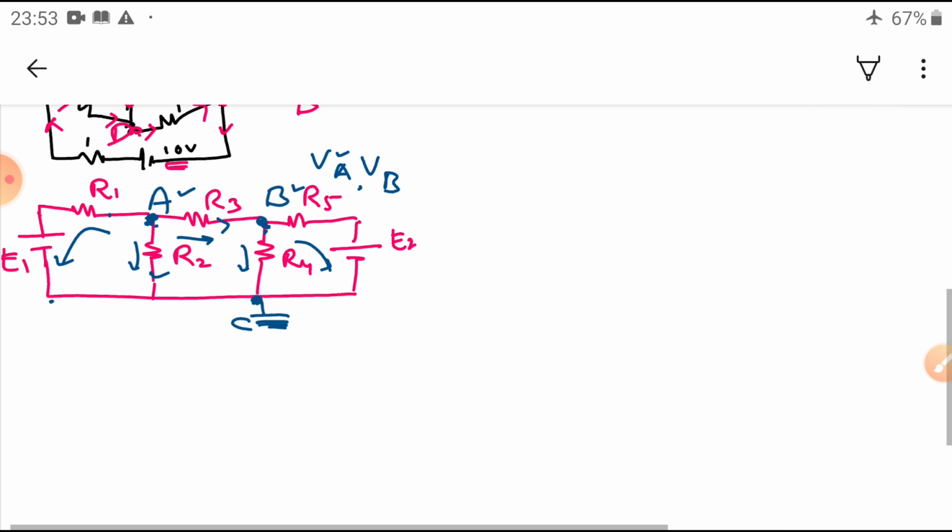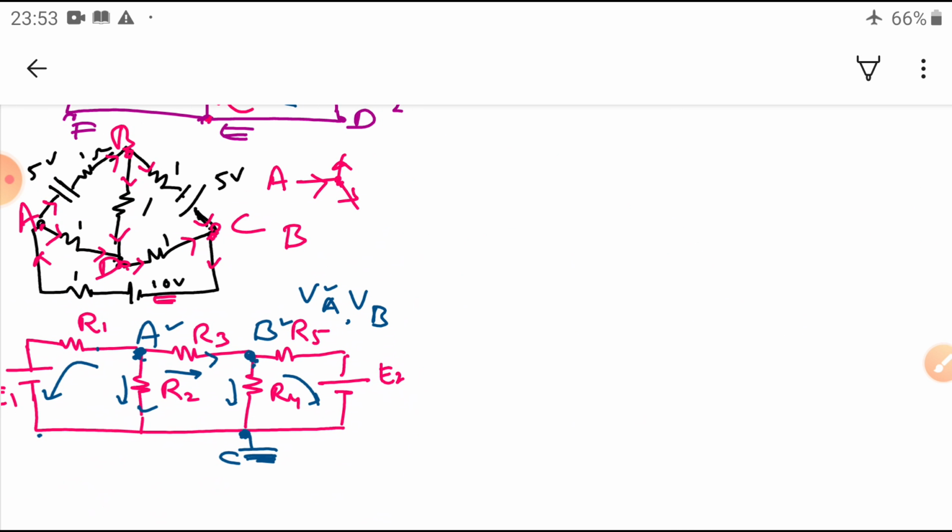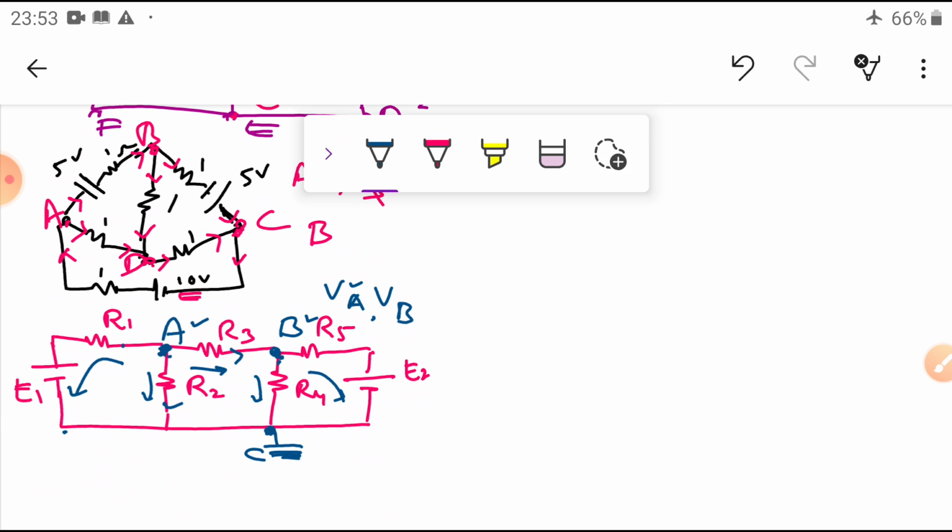Okay, now you can see it. You can write small equations. Now at node A, you can apply KCL at node A. What is the current here? You can see the R1 current.